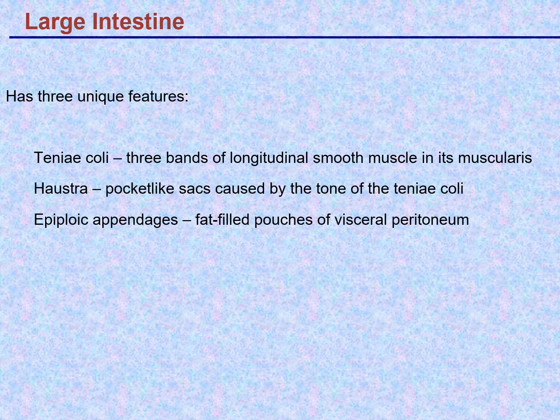And it's actually the background tone or muscle tone contraction of the taenia coli that causes these sacs or enlargements all the way along the large intestine to be present. There are also some appendages hanging off of it, and they are fat-filled. They happen to be called a term which you rarely actually hear, so let's pass it over.